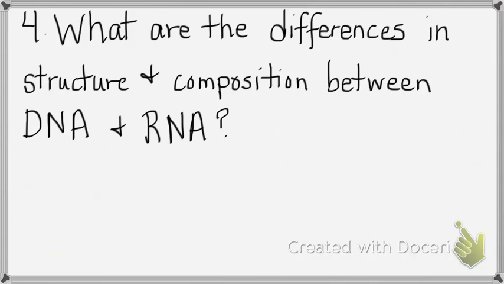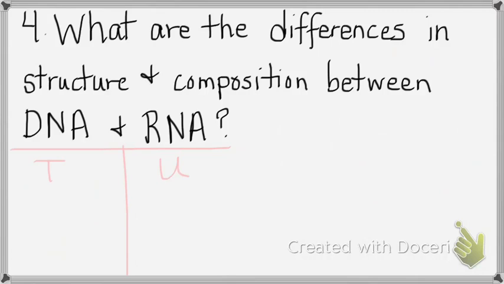All right, we need differences in structure and differences in the chemical composition between DNA and RNA. I'm going to get us started because earlier today you told me that DNA has A, T, C, and G, but RNA doesn't have all of those. One of those is missing. Who's missing from RNA? Thymine, T. So DNA has T, but RNA doesn't, and instead RNA has U. Good.